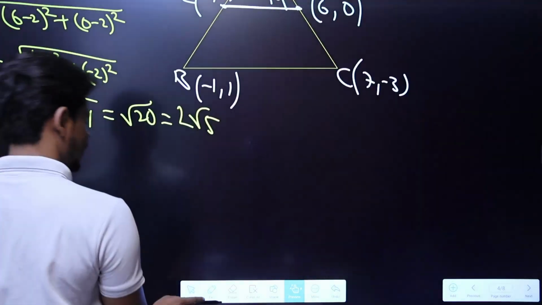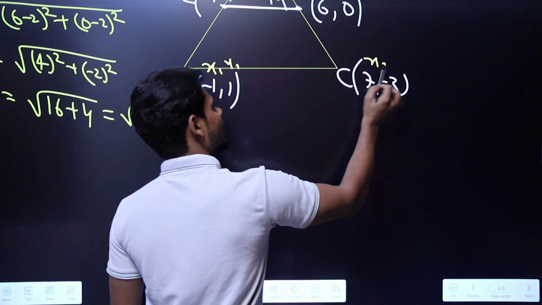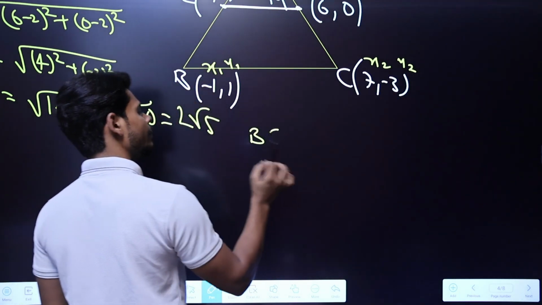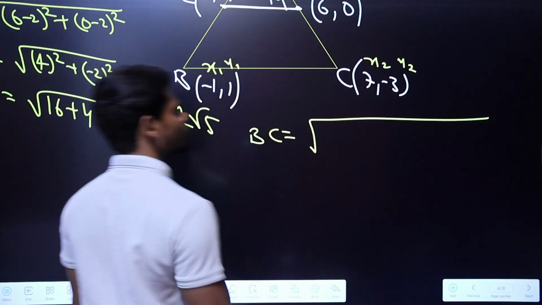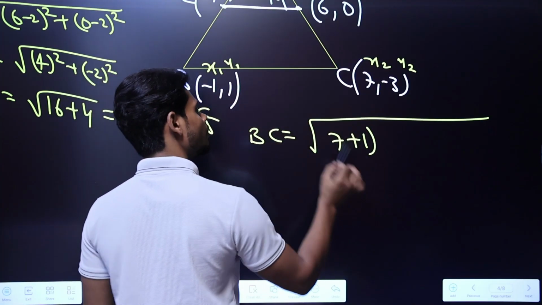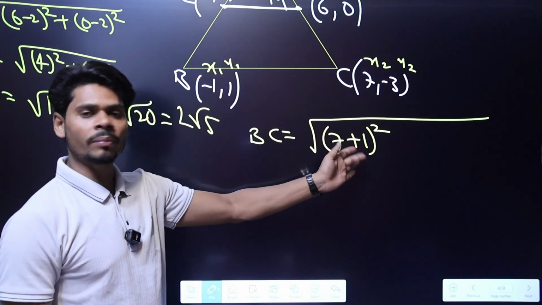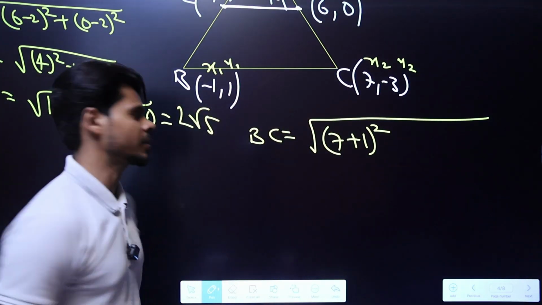Next, similarly we need to find the distance of BC. Let's find BC. So this point will be x1 y1 and this point will be x2 y2. So the distance between B and C will be equal to x2 minus x1. So 7 minus 1, so it will be then plus 1 to the whole square. Remember it? 7, then minus is already there in the formula and it is minus 1. So minus plus.